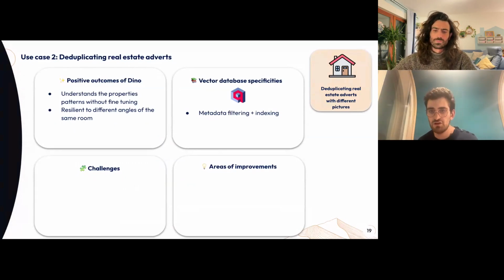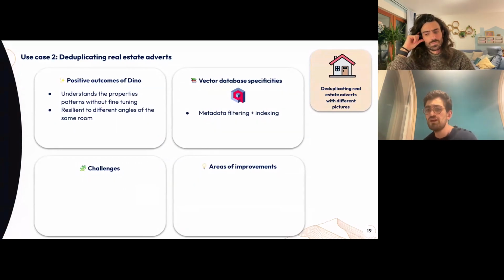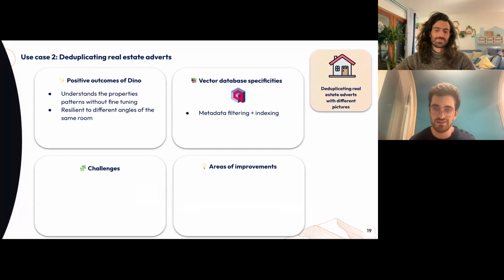Here we used Qdrant for this project. It was a bit more recent. We leveraged the metadata filtering a lot, because of course we can still use the metadata, even if it's not perfect, just to say: only search vectors with a price which is more or less 10% of this price, the surface is more or less 10% of the surface, and so on.